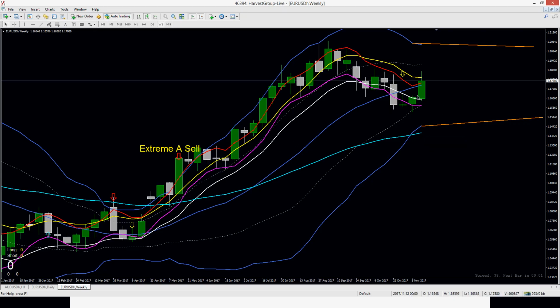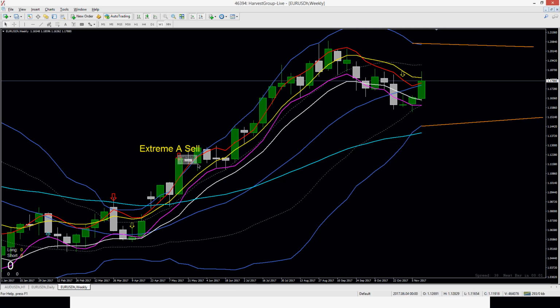Okay, so we already identified MA50 where it is, and there's a possible setup at the middle of the Bollinger Band. And we already identified number 2, the type of Bollinger Band that it is at the weekly time frame. And the next one is we need to look into number 3, signals and setup.